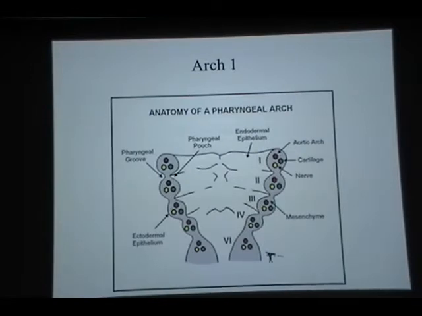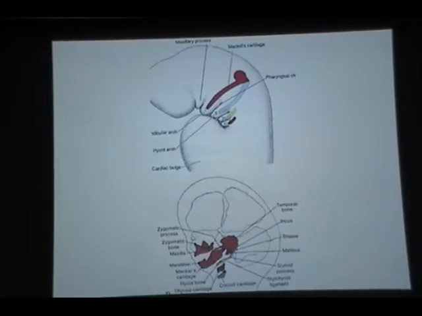So let's look at a couple of specific arches that are important for head and neck. Arch 1 is going to become very important in formation of the face. Arch 1, very quickly here, you can see this Meckel's cartilage here. Arch 1 very quickly separated into two processes, a maxillary process here and a mandibular process here.